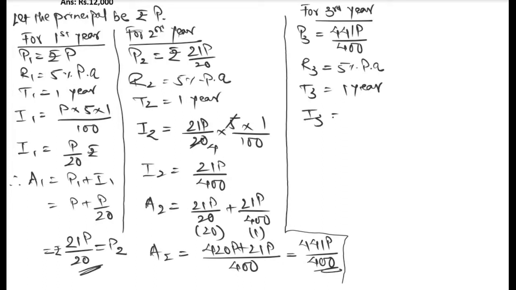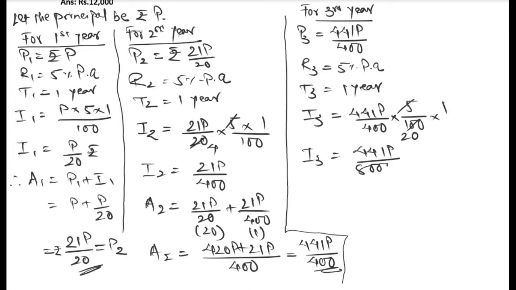I3 is equal to 441p upon 400 into 5%, that is 5 upon 100 into 1, or 5 into 1 upon 100. Anyways, it is the same. So 5 20s are 100 and I3 becomes 441p upon 8,000. This is what we wanted, the interest for the third year.